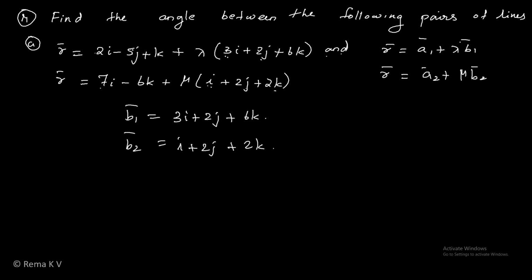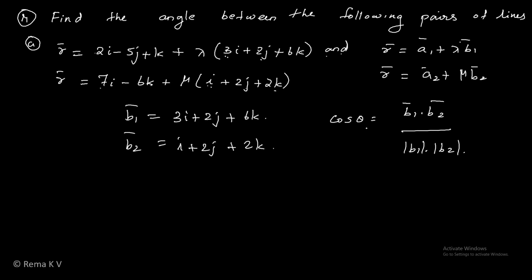In order to find the angle between these two lines, it is enough to find the angle between these two vectors. And you know that cos theta is equal to b1 dot b2 divided by modulus of b1 into modulus of b2.